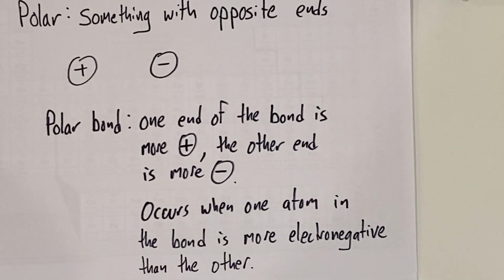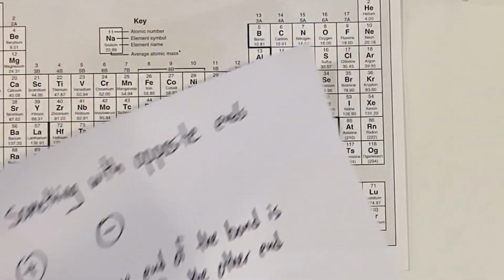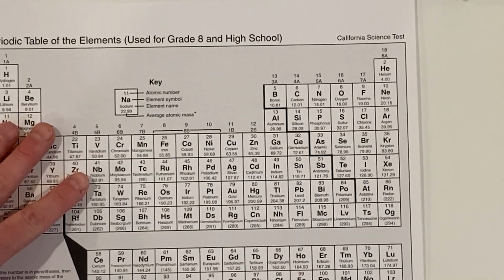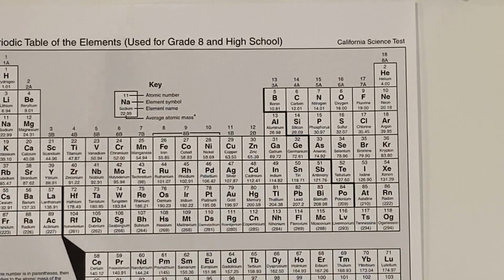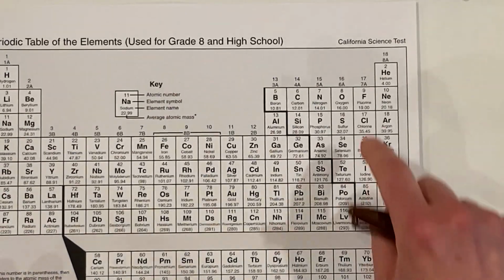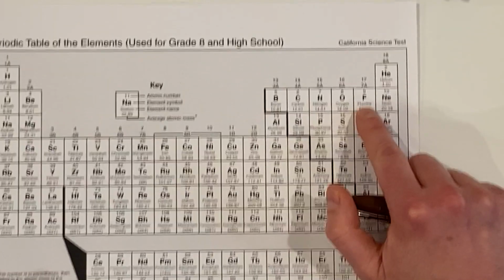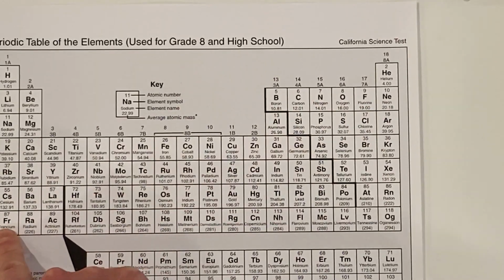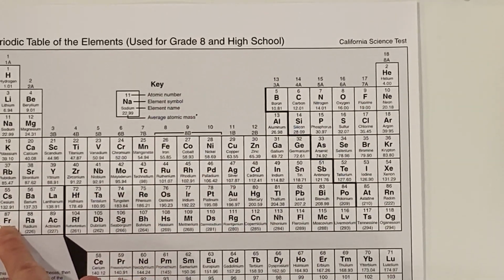So that means we'll need to use our periodic table in order to figure out the relative difference in electronegativity between the two atoms in a bond. Looking at the periodic table, you'll remember that elements in the upper right, like fluorine, are very electronegative. And elements in the lower left are not very electronegative.